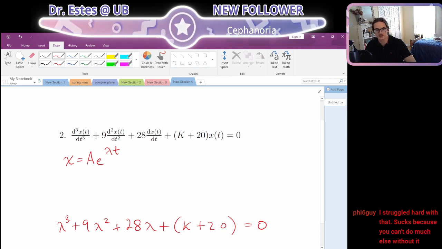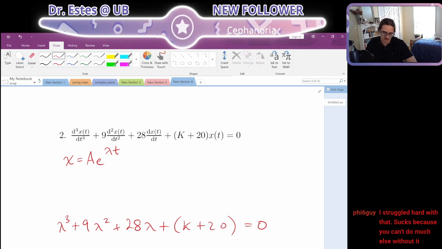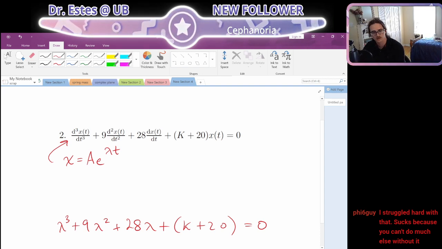A e to the lambda t. So the way you get the homogeneous solution is you substitute this into that homogeneous form of the differential equation. So the homogeneous form is just with the right hand side equals 0.